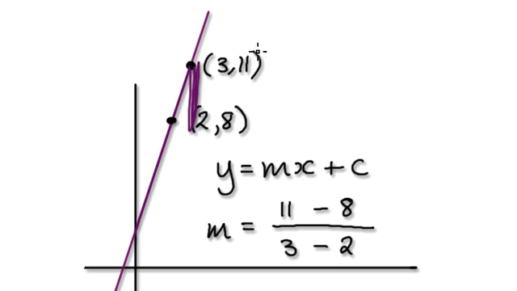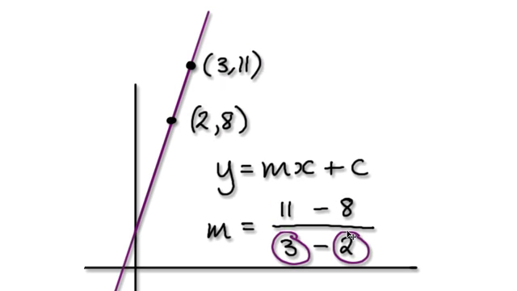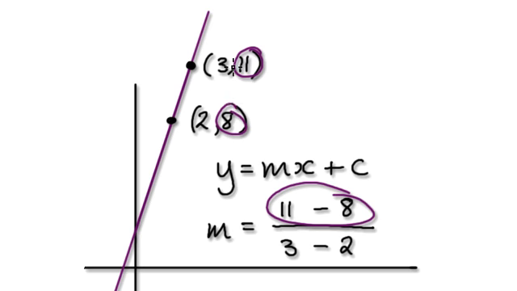Well, the height here would be this take away this, and the across here would be this take away this. So that's our normal method. Our normal method was to get one point take away the other. So in this case, it would be this take away this, and then divided by this take away this.